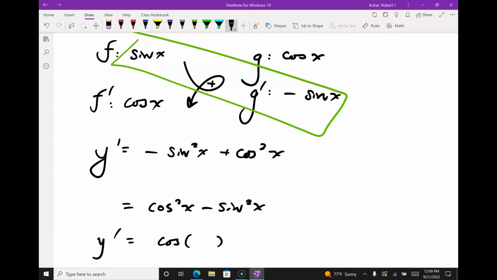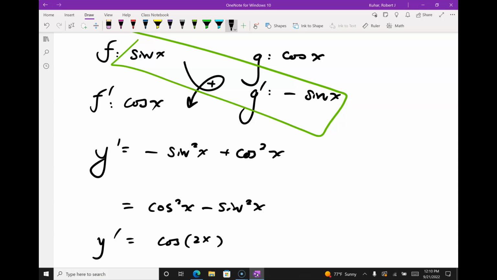Cos of 2x. We should have all those trig identities on our formula sheets. Sine of 2x, cos of 2x, tan of 2x, right? Half angles, double angles, all of the cosine identities you used in pre-cal. Please, on your formula sheet.